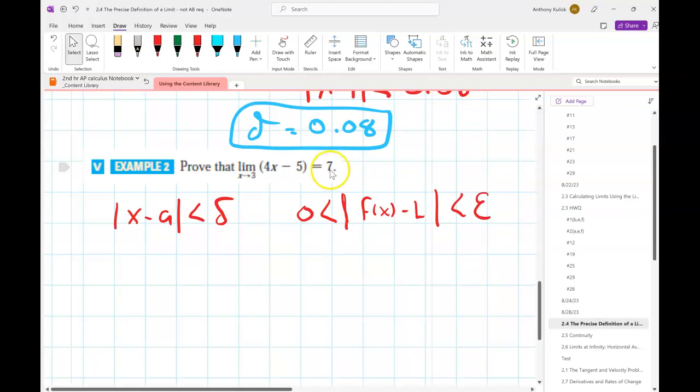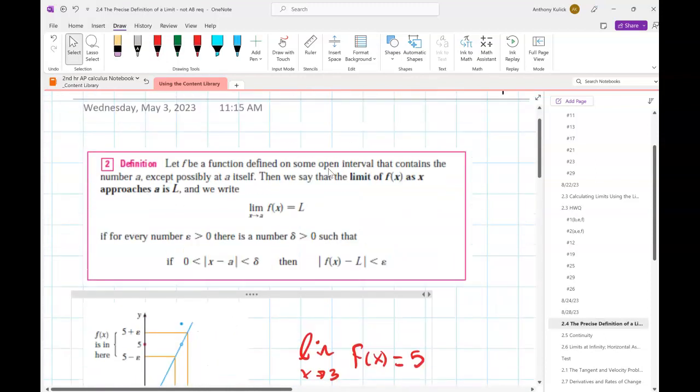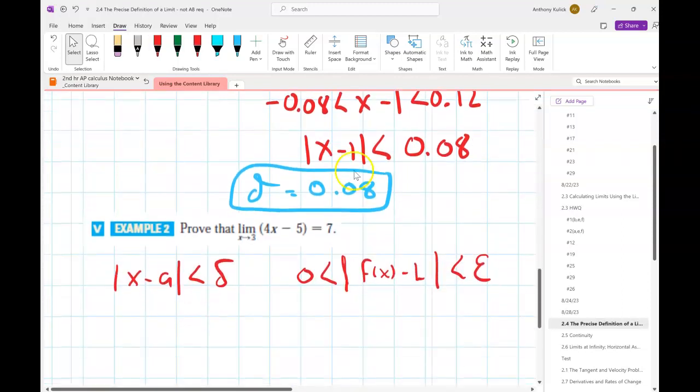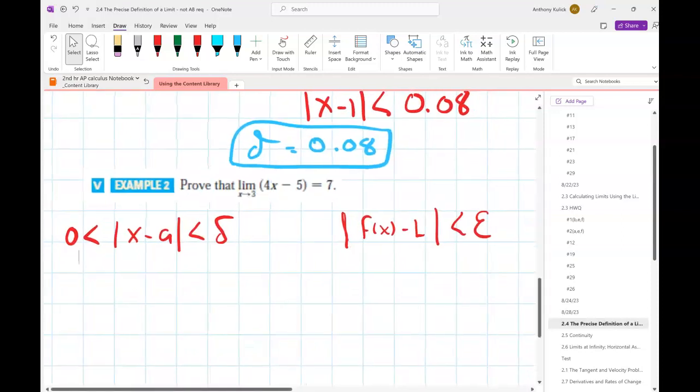Is that how we wrote the definition? Let me scroll back. Oh, it's that way. Sorry, this was the one with the less than 0 on it. It doesn't really matter. Right, this is our starting setup.